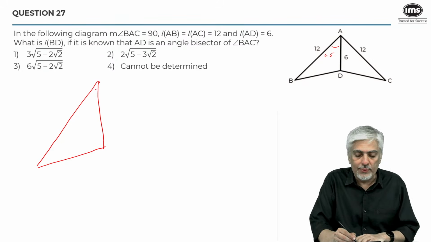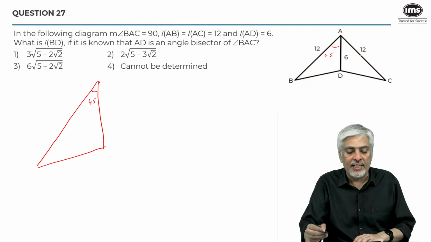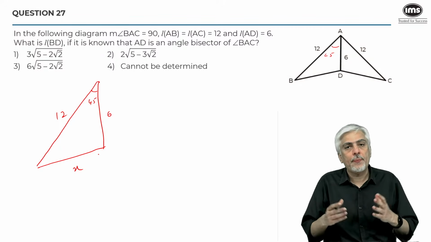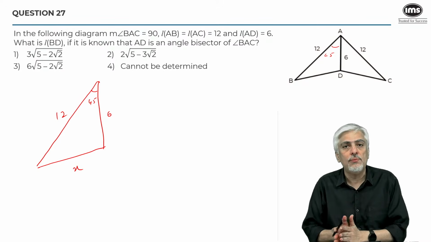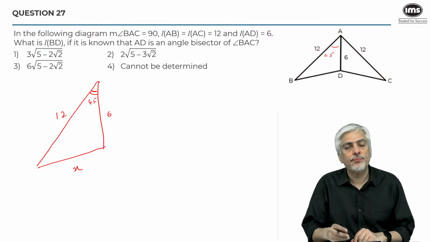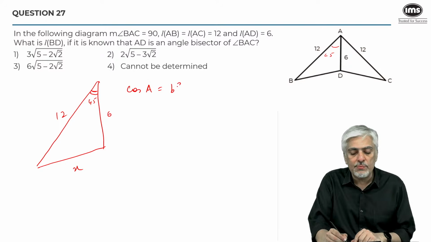This is a normal triangle where this angle is 45 degrees because 90 was given and the angle bisector is given. So this is 12, this is 6, this is x. If you understand basic trigonometry, this was nothing but an application of the cosine rule. What is the cosine rule? Whichever angle you know, the side opposite to that is C. The other two are A and B. So the cosine rule is, suppose cos A, so cos A is (B square plus C square minus A square) upon 2BC.